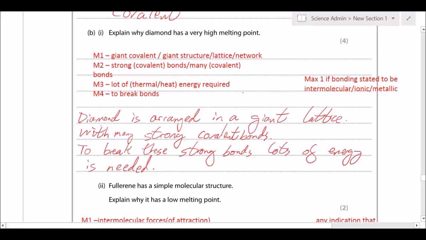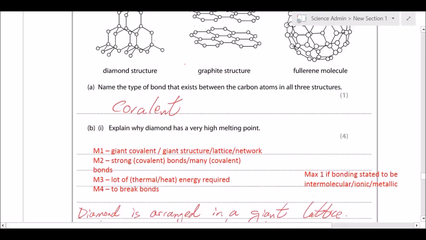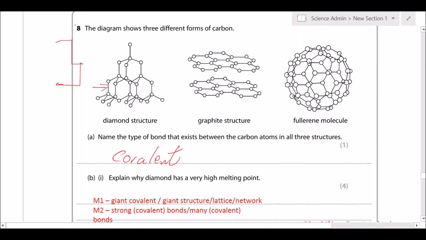Okay, so you're clearly saying, well, diamond has loads and loads of these really strong covalent bonds, and you can see that they're all attached to each other. There's lots of them all arranged in this nice lattice. So to break it, you've got to break apart every single one of these, which is going to require a lot of energy.